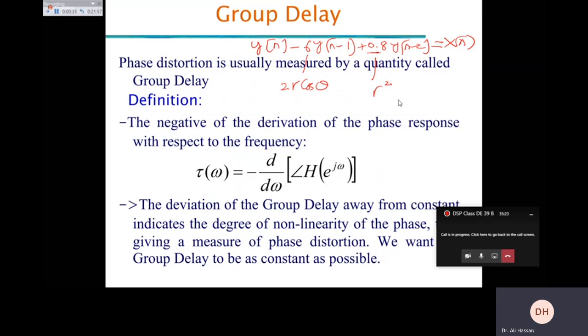If you have 3 poles and real coefficients, 2 poles will come as a complex conjugate pair and one has to be on the real axis. So 3 poles will always appear like this: 2 as a complex conjugate pair, the third has to be on the real axis.